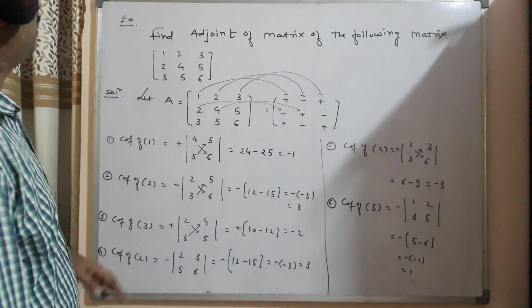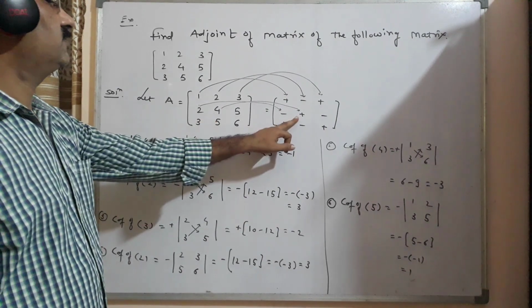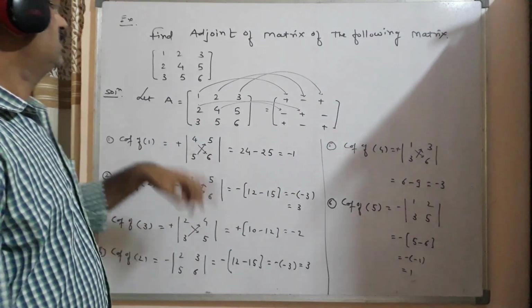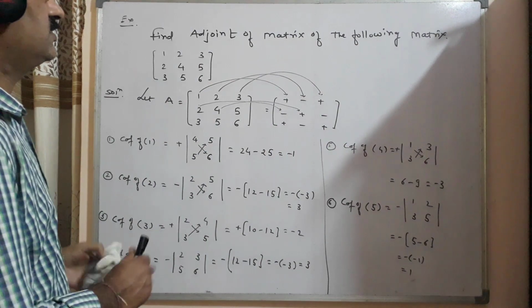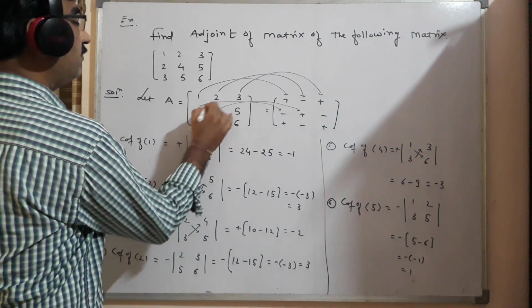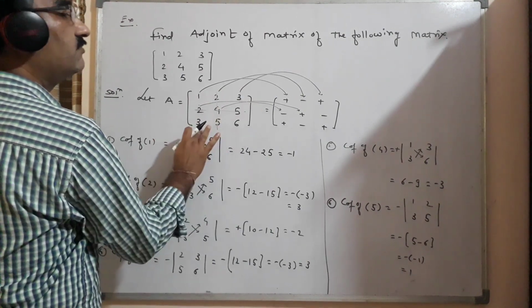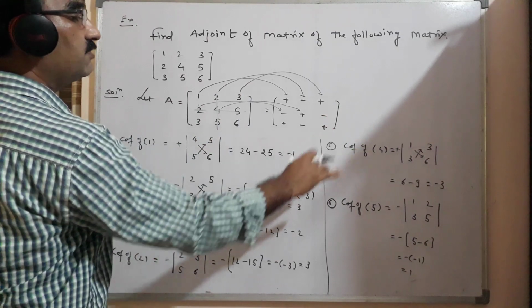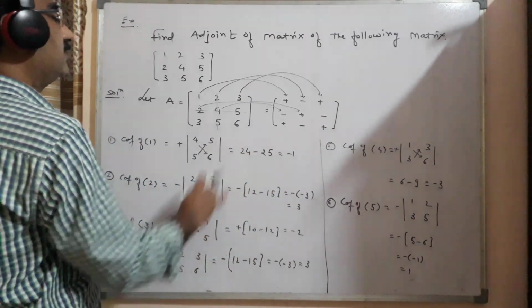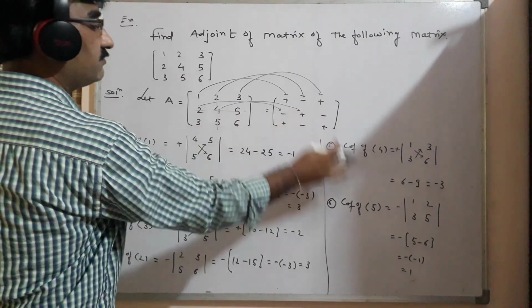Similarly, we find out the cofactor of 4. First you select the sign of 4, that is plus, then you drop this row and this column in which the 4 is present. So 4 is present in this column and in this row. So we write down 1, 3, 3, 6. Take cross multiplication, we get minus 3. Now we find out the cofactor of 5. So the sign of 5 is minus.